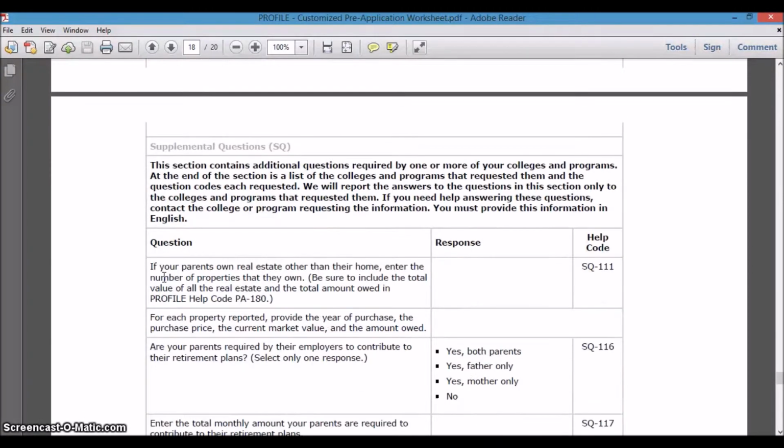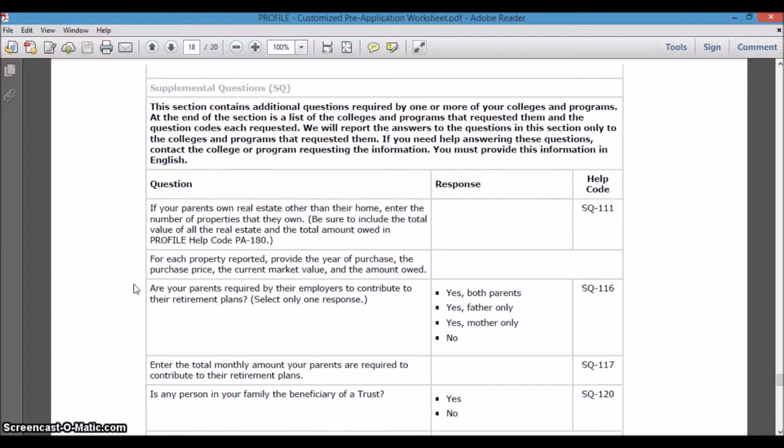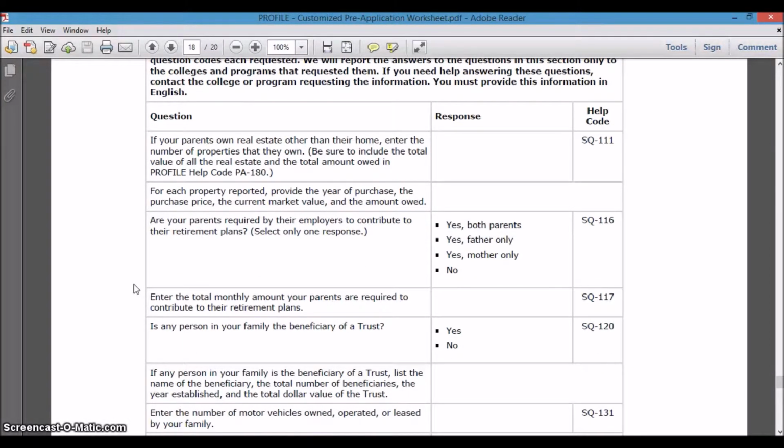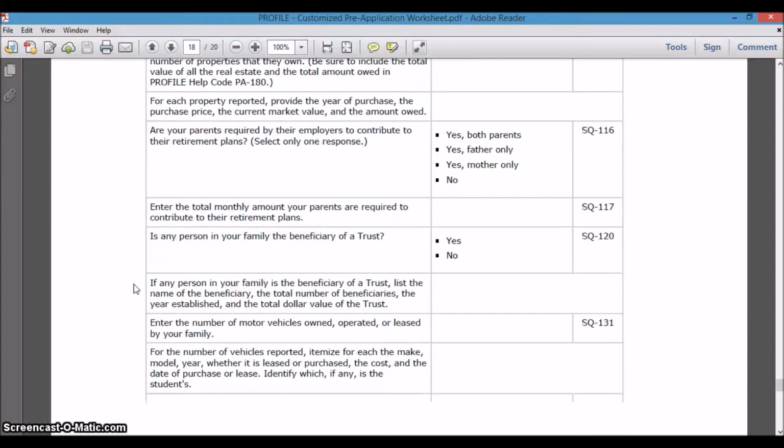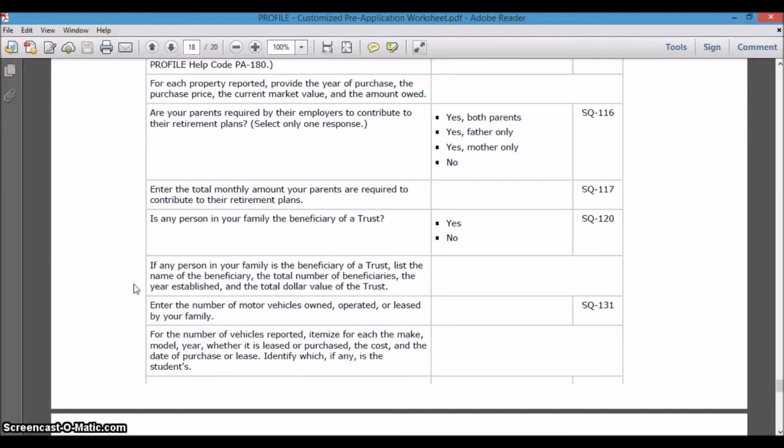The next section is supplemental questions. This section contains additional questions required by one or more of your colleges and programs. The first question says, if your parents own real estate other than their home, enter the number of properties that they own. So you have to state how much your parents have aside from your house, and then report and provide the year of purchase and so on, and just basically follow the instructions.